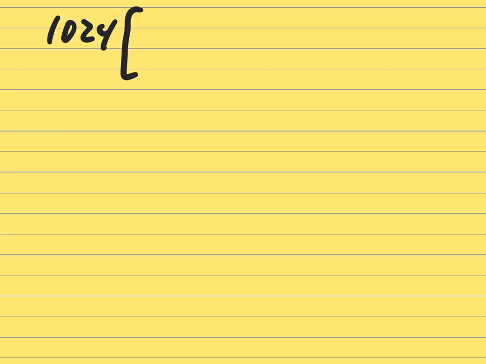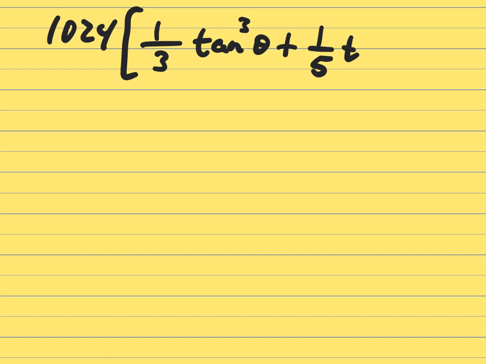Okay, we had 1/3 u cubed, but u was tangent. Plus 1/5 u to the 5th, but that's going to be u traded out for tangent again. Tangent to the 5th.